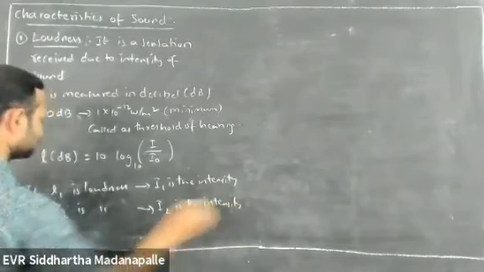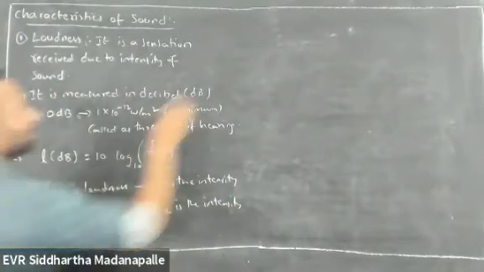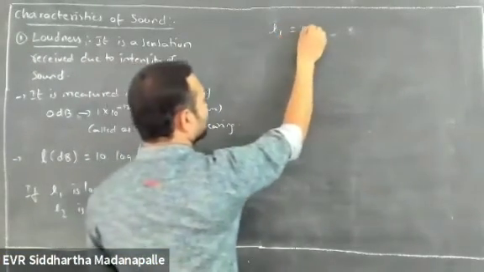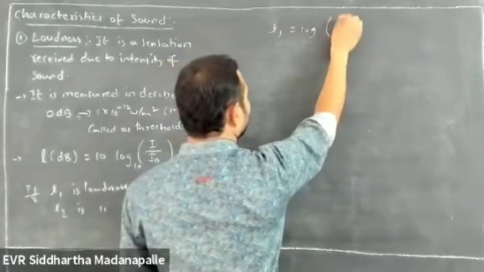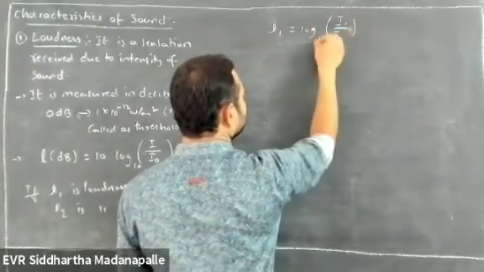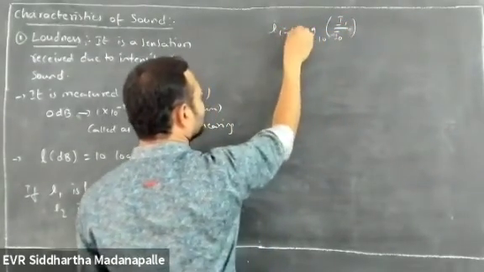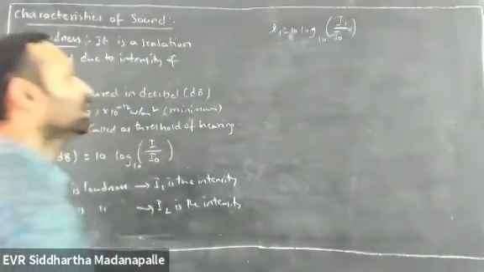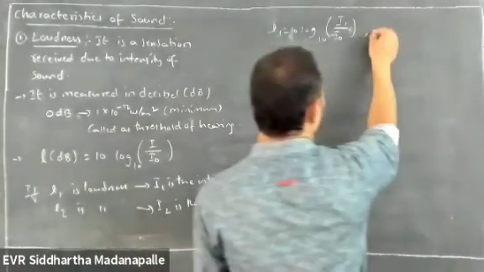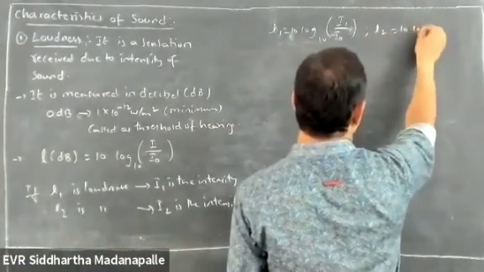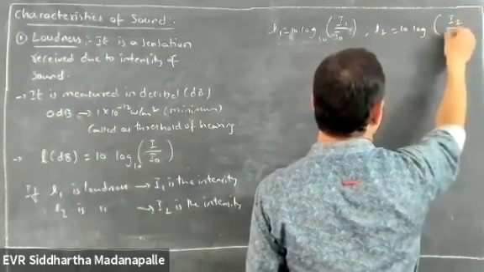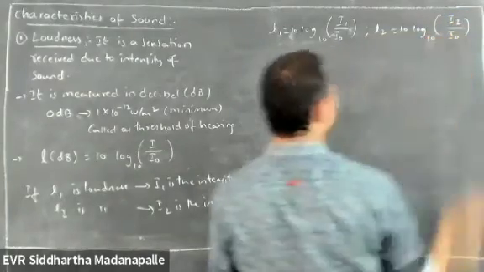Then L1 is equal to 10 log of I1 by I naught base 10, and L2 is equal to 10 log of I2 by I naught base 10.